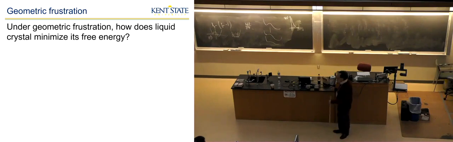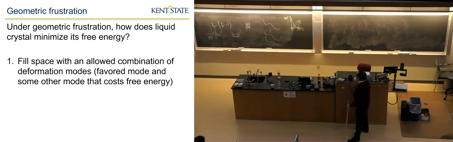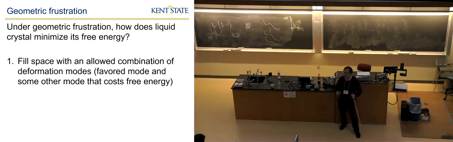In general, there are two possibilities. One possibility is the liquid crystal can fill space with an allowed combination of director deformation modes. So it can fill space with the mode that it wants plus some other mode that it doesn't really want, but it's willing to take it in order to get the mode that it wants.